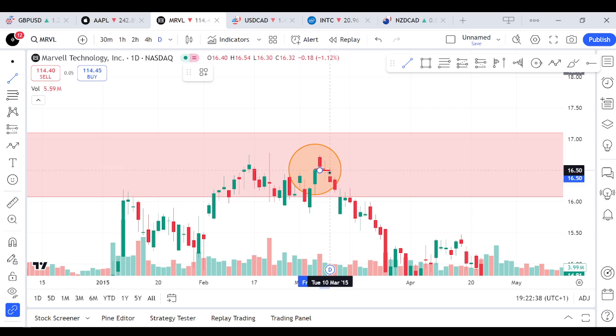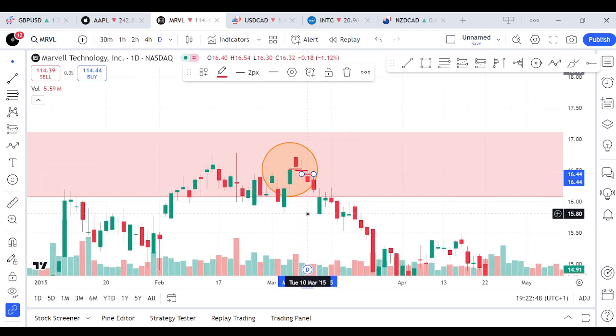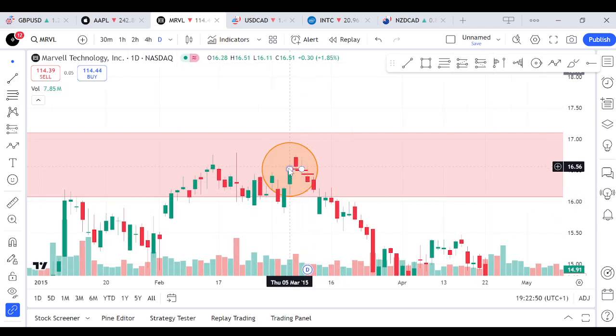The next candle didn't necessarily close below that low. The next candle was a doji, but the following candle after that gave us the confirmation we needed with a shooting star candlestick pattern, closing below the low of both the first and the second candle. So this was a confirmation to enter a sell trade at the close.